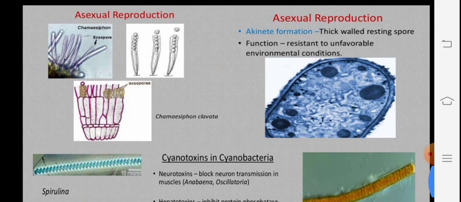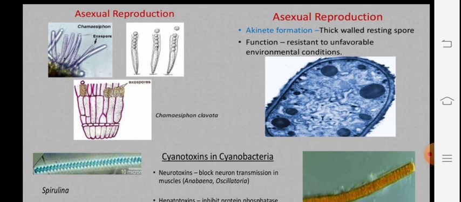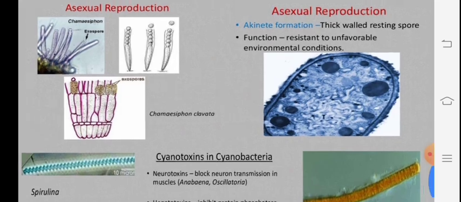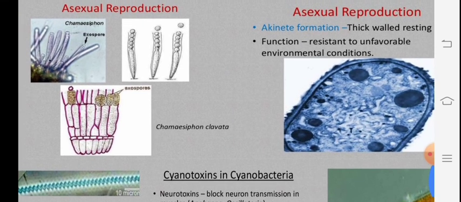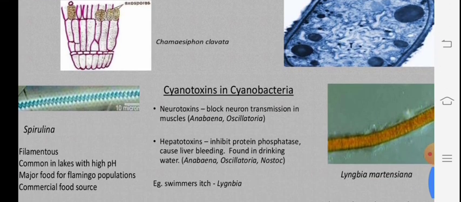So it disturbs the sexual reproduction. In asexual, a good example is Chamaesiphon, where exospores are developed. You see, then Chamaesiphon clavata, it shows the exospores. Akinete formation, thick walled, which functions in the unfavorable condition.